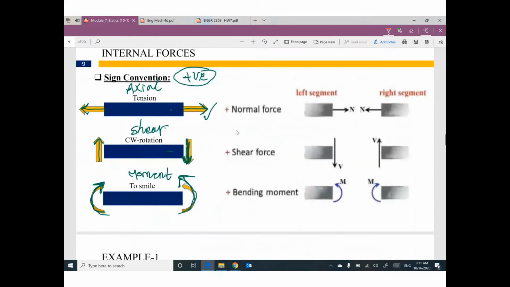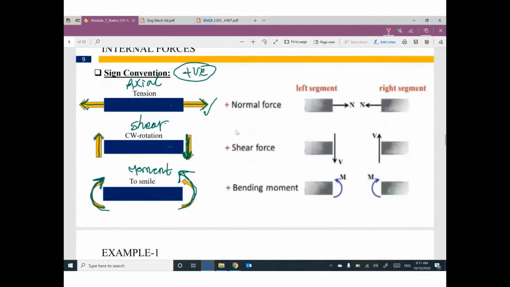Last time I told you we have sign convention. We need to follow these rules. If you are talking about axial force, your arrow must make tension. If you are talking about shear, the arrow direction to rotate this member clockwise.